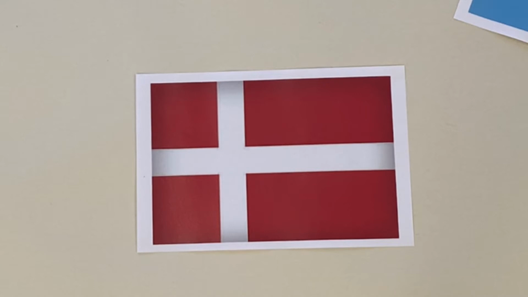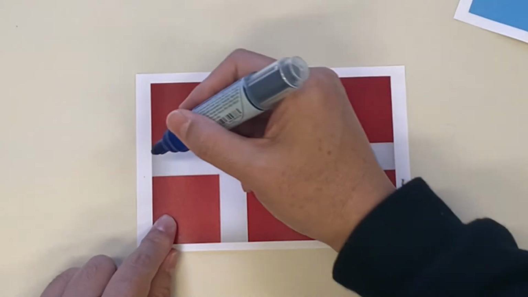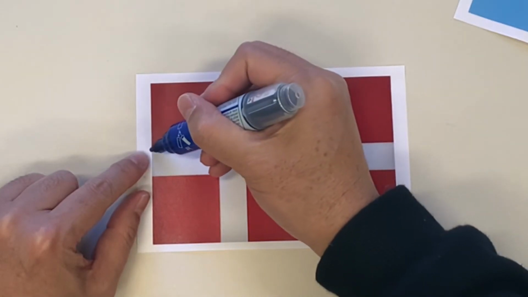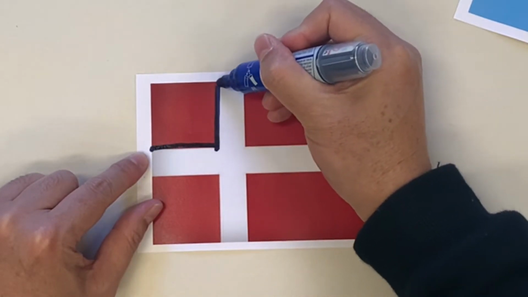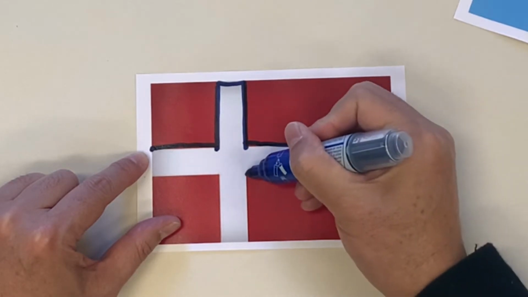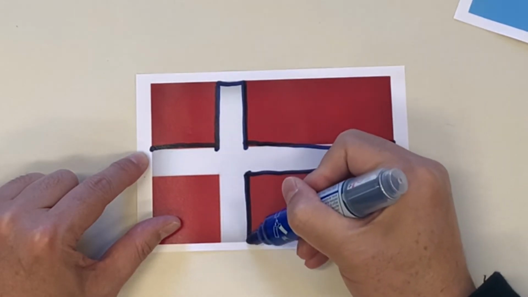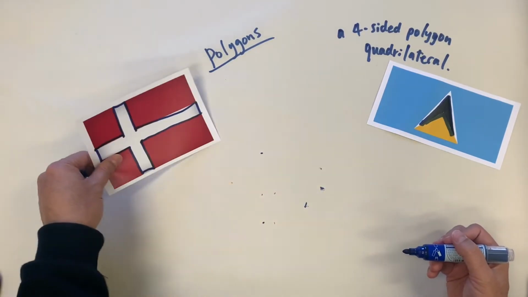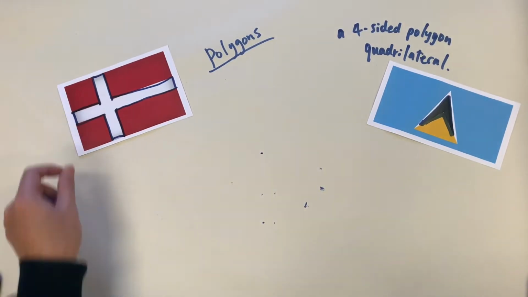So let's count together. I'm going to put a little dot there so you can see where I'm starting to count. So 1, 2, 3, 4, 5, 6, 7, 8, 9, 10, 11, 12. The Danish flag has a 12-sided shape.